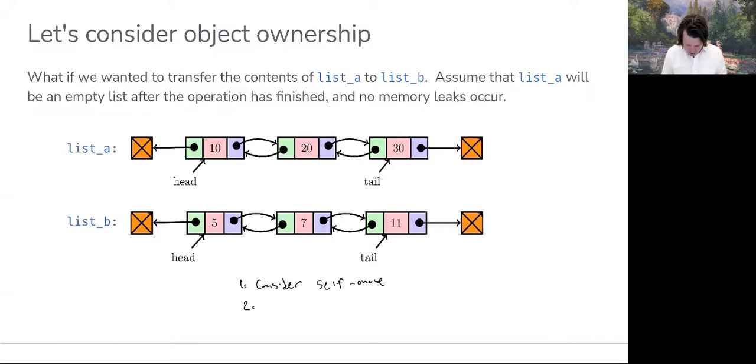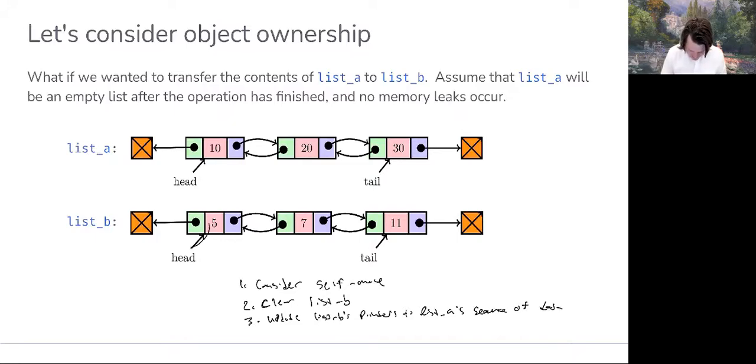Two would be to clear list B. Three will be to update list B's pointers to list A's sequence of data.